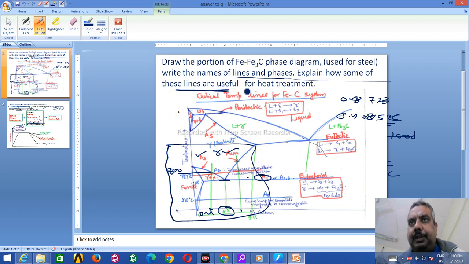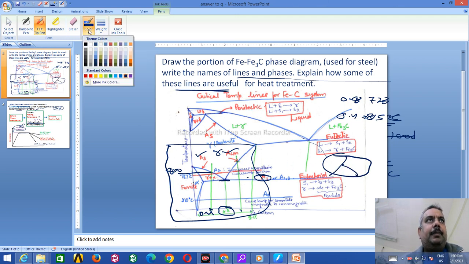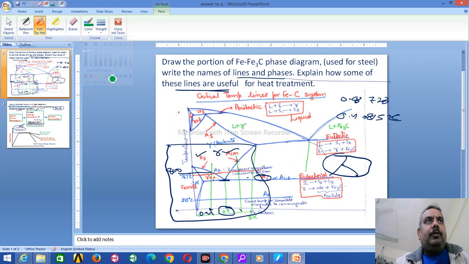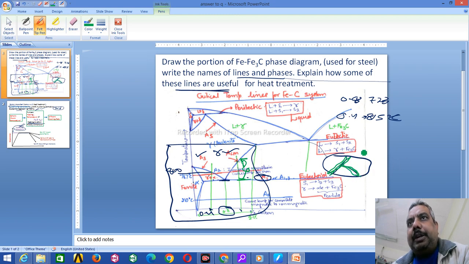If you see the microstructure of this steel, these are the grain boundaries. What happens when we cool it below 723 degrees centigrade, in this region? The cementite will develop at the grain boundary. This grain boundary cementite is called pro-eutectoid cementite.